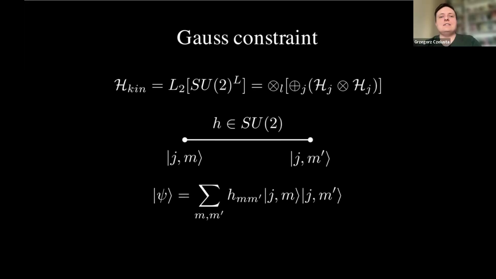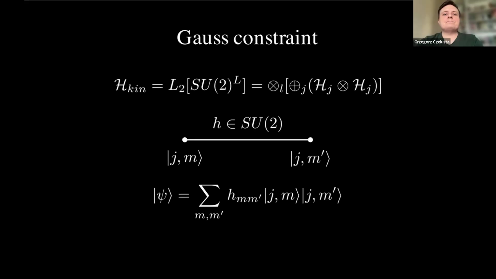So we have some link labeled by holonomy H. We choose some representation of this SU2 holonomy, which is labeled by spin number J. And then we can equivalently describe this link as a state of a pair of spins J, and the coefficients in this state are elements of this holonomy, of this SU2 element.